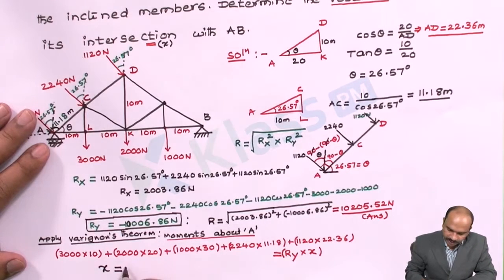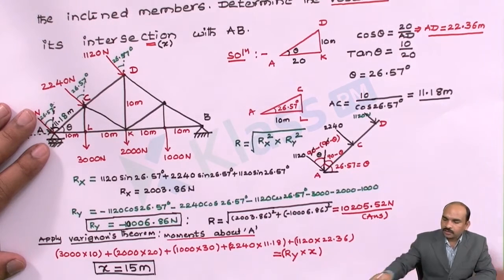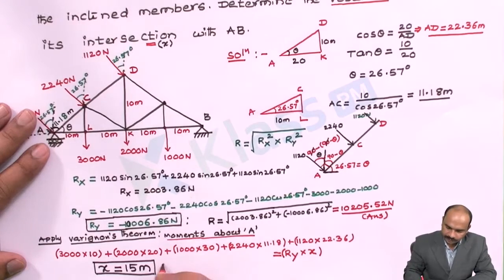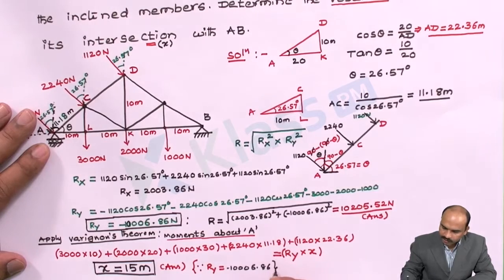That x we are getting as 15 meters. This is the answer we are getting. Since Ry is equal to minus 10,006.86, in this equation we have to substitute Ry, then we will get this x distance. So this is the required answer.